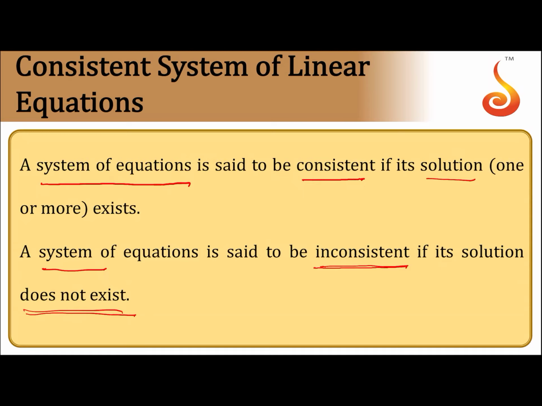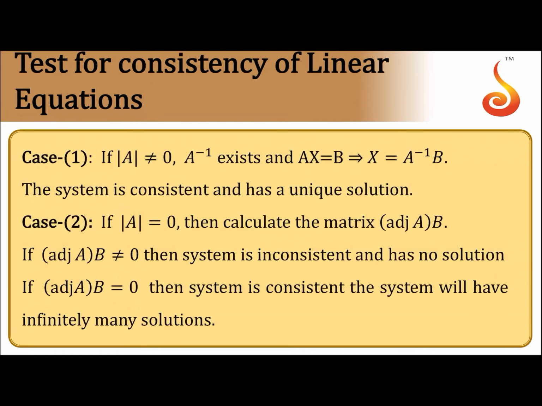If the determinant of the coefficient matrix is not 0, then the system has a solution, the solution is A inverse B, and it is consistent with a unique solution.